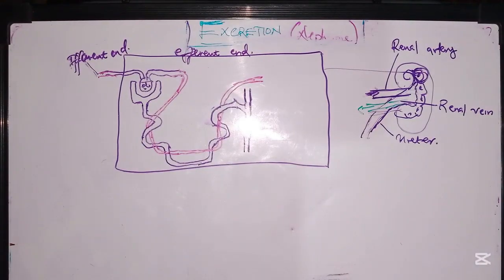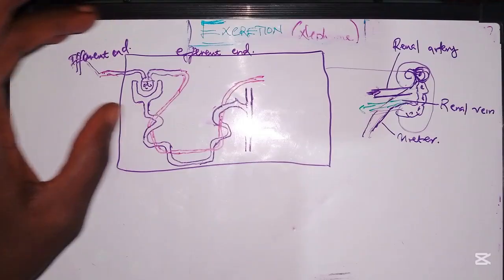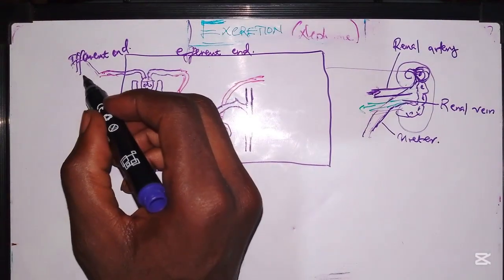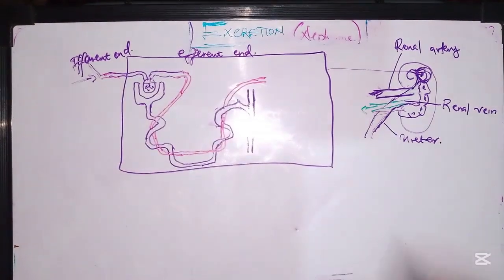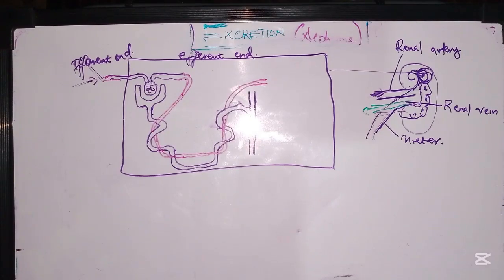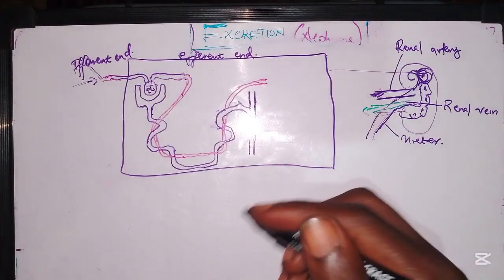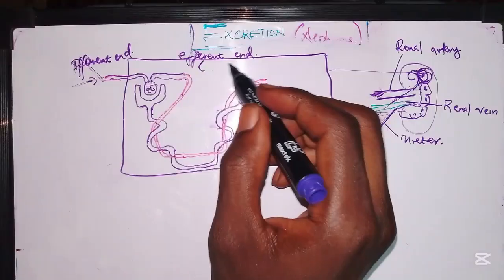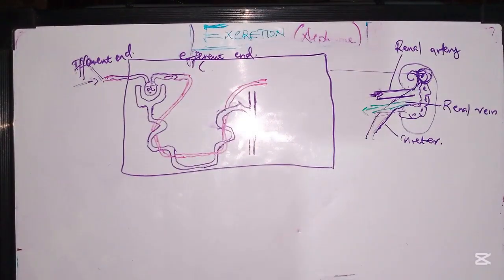What these two blood vessels basically do is, the afferent end is the one which brings blood to the glomerular filtrate for filtration. The efferent end is the one which carries the filtered blood, while the afferent end brings unfiltered blood to the kidney. These are the two structures.